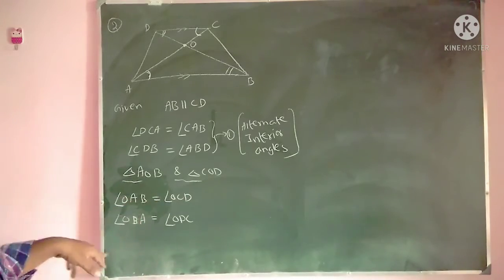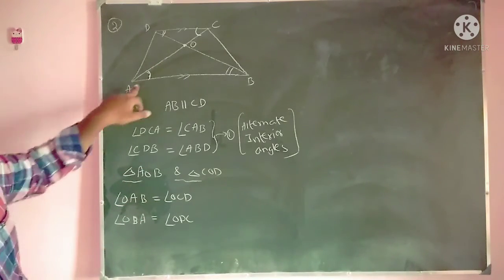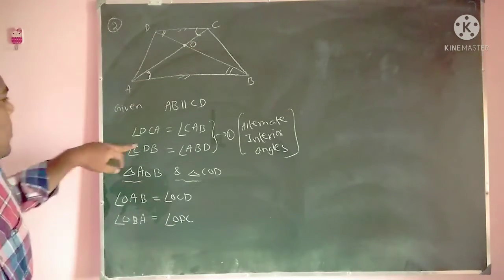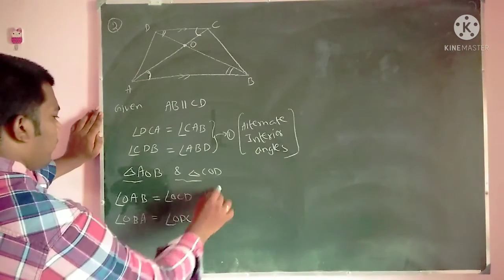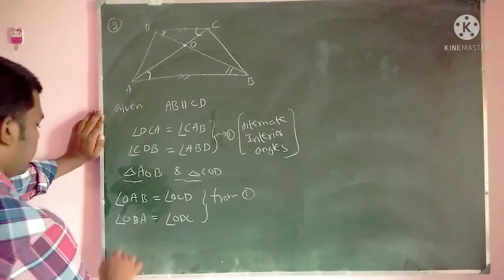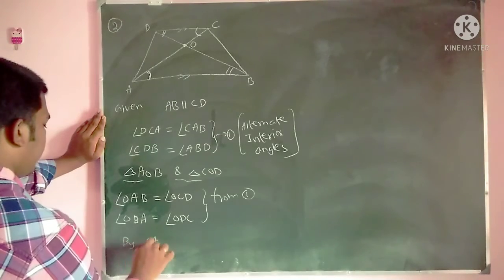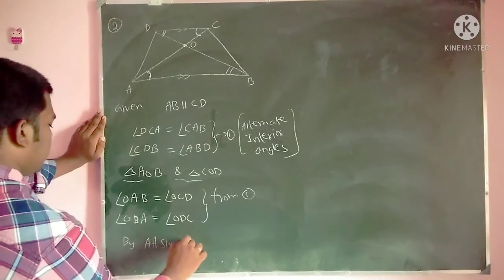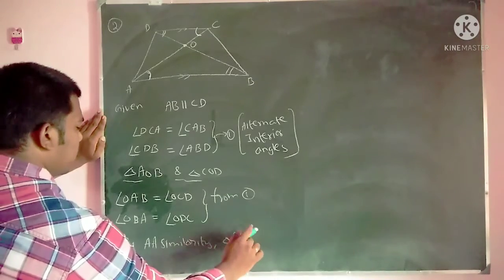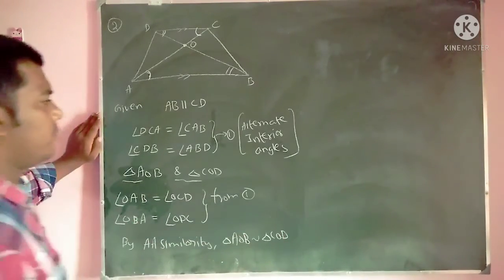How are we able to write this? From 1, OAB is nothing but CAB, and OCD is nothing but DCA. So by AA similarity we can say triangle AOB is similar to triangle COD.